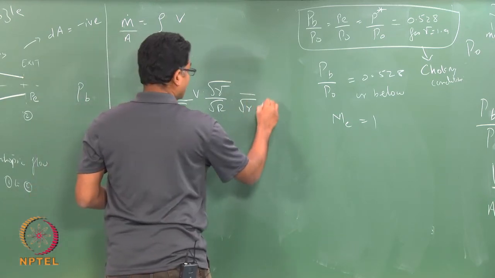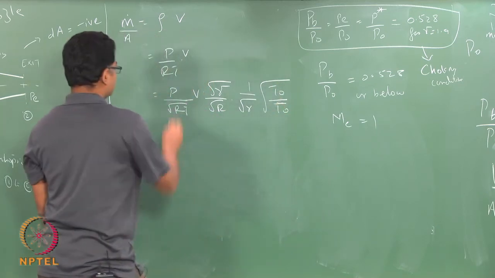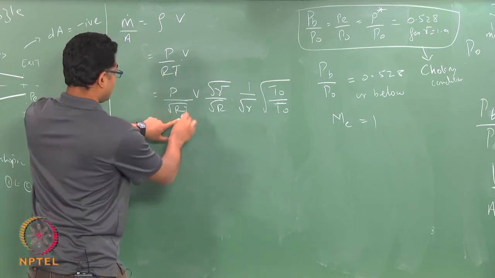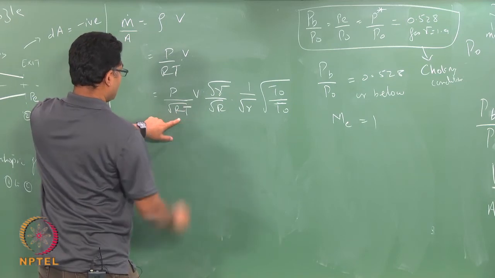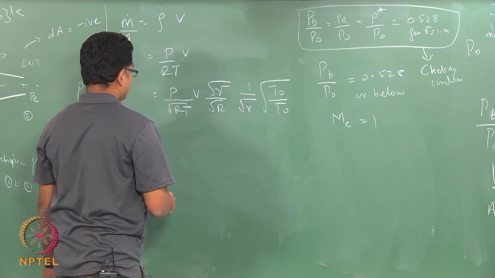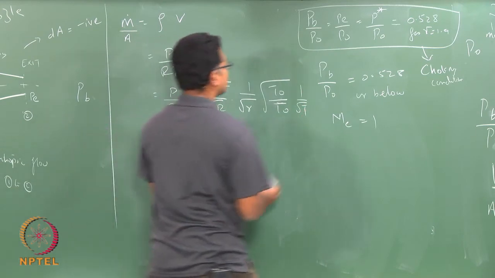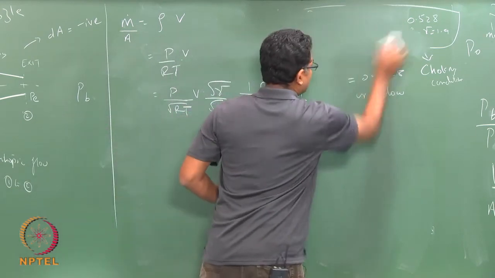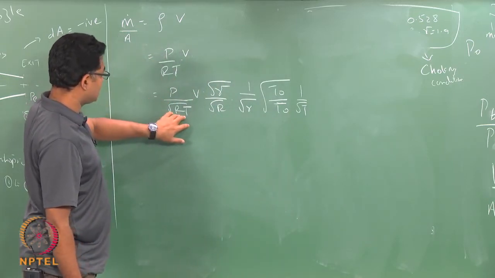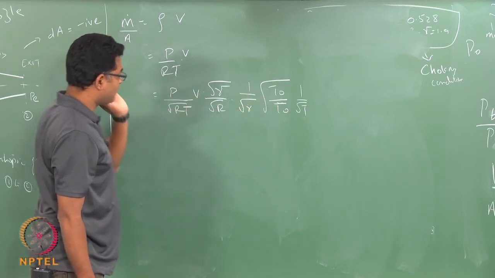Then I multiply and divide by T0. What I have done here is I have taken one root T here, another root T here, multiplied and divided by root gamma, and multiplied and divided by root T0.